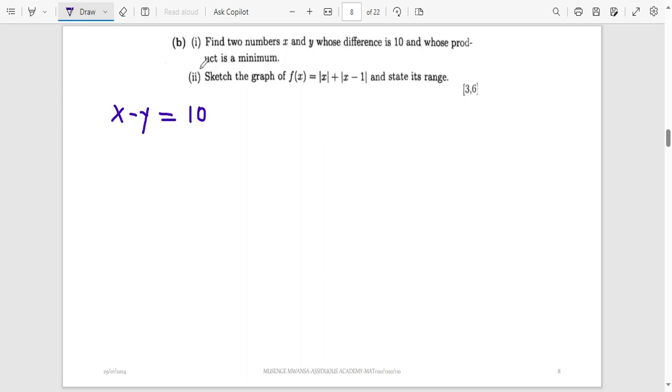And whose product is minimum. So x times y should give you the minimum. Okay. Now such questions, all right. So whose product is minimum?